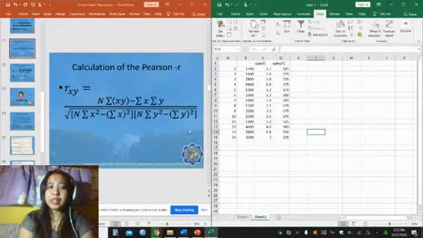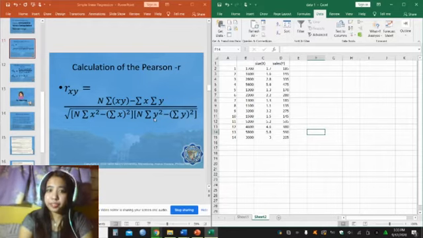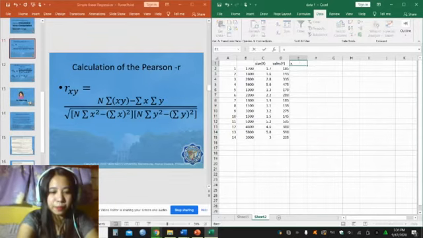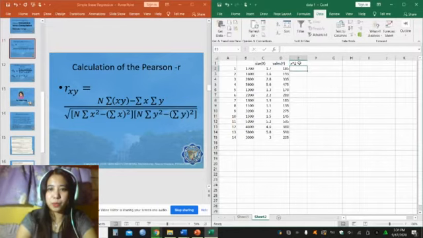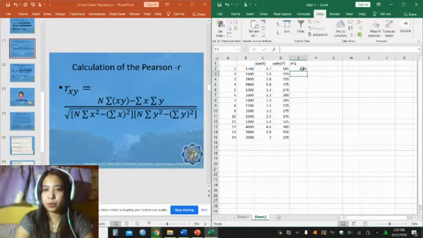What we need to do is just compute for the product of X and Y, the square of X, and the square of Y. And then after that, substitute it in our formula. So first, let's get our X raised to 2. This is simply multiplying this by itself or raising it to 2.